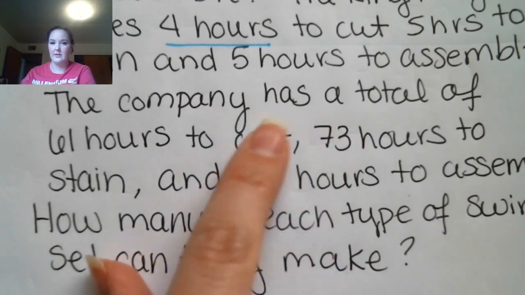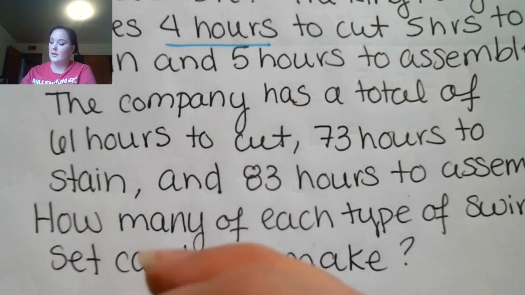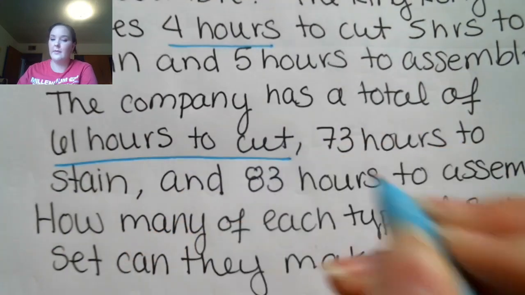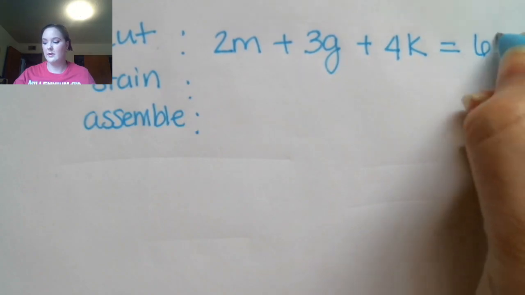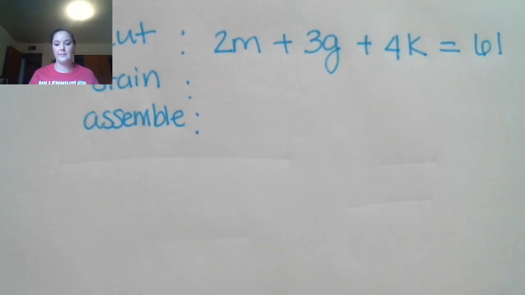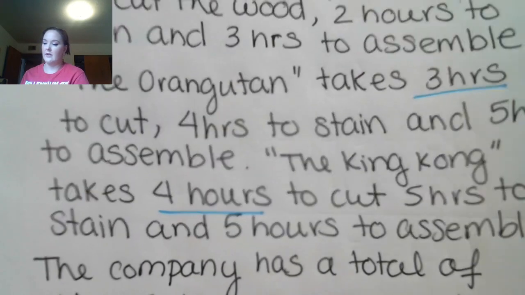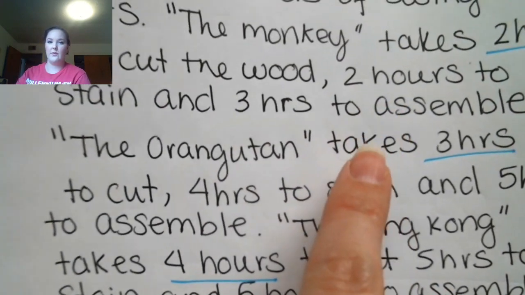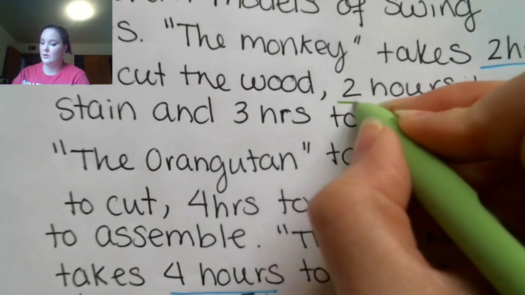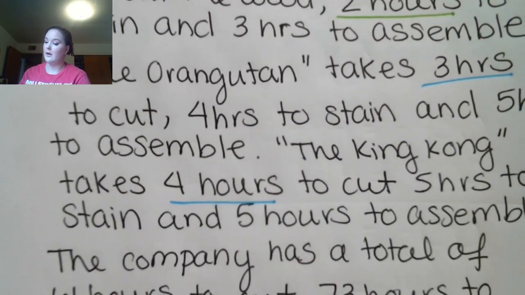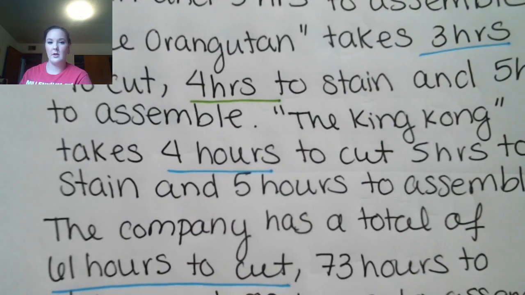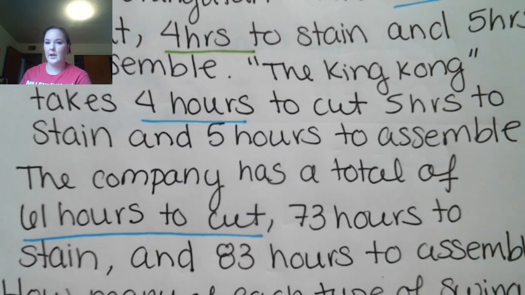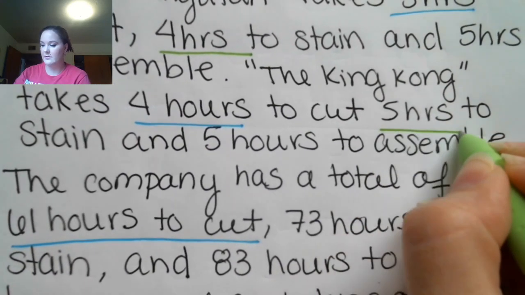And we look at the question. It says a total of 61 hours to cut. So our total is going to be 61. Then we're going to look for all the times to stain. For the monkey, we have 2 hours. For the orangutan, we can see that we have 4 hours. And for the King Kong, we have 5 hours.